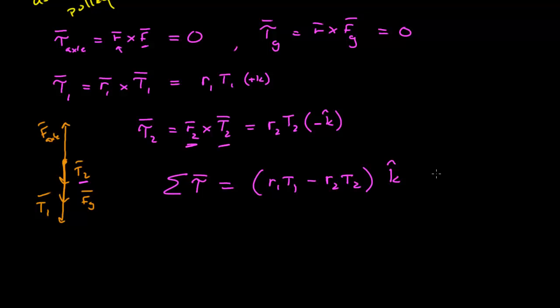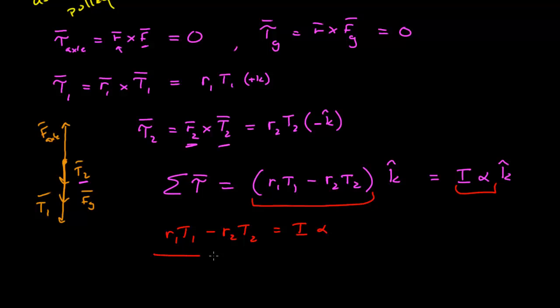The sum of the torques then gives me a moment of inertia times the magnitude of my angular acceleration, which will also be oriented in the positive k direction. So if I turn that into components, this component must be equal to this component. I get R1 T1 minus R2 T2 is equal to the moment of inertia times alpha.